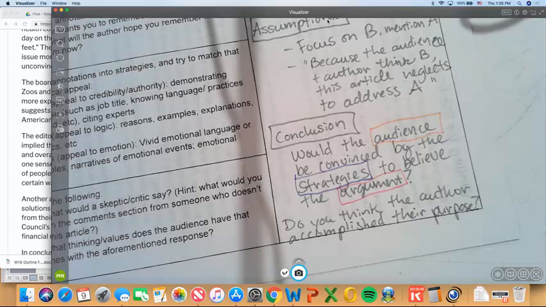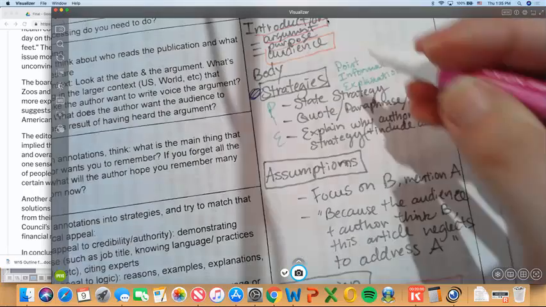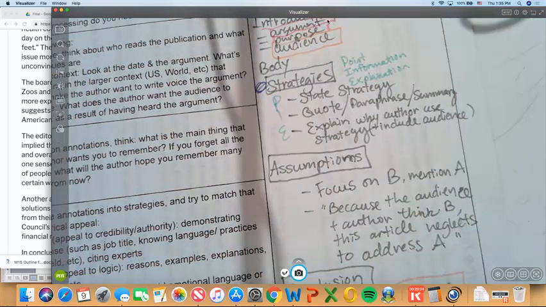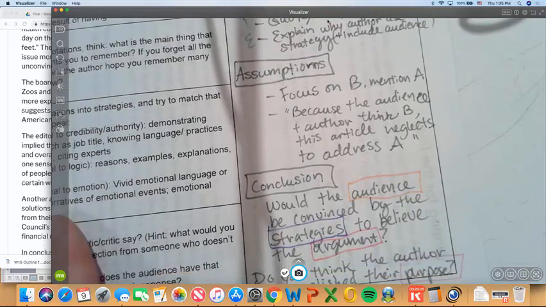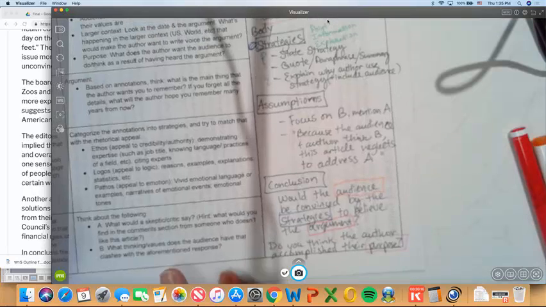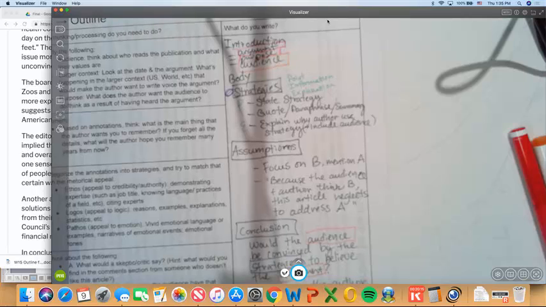As a result, is the intended audience going to go and read this, be convinced by the strategies, and do what the author wants them to do? So again, that purpose, which you have in your introduction paragraph. So, kind of zoom out. All right, are there any questions about this?